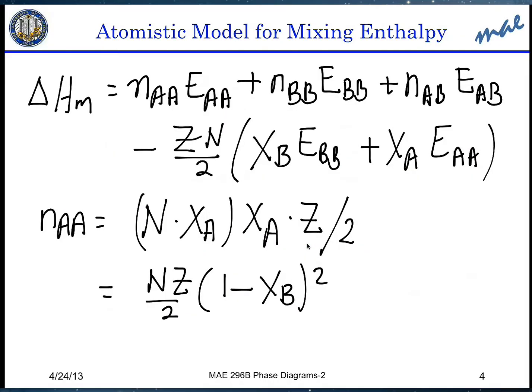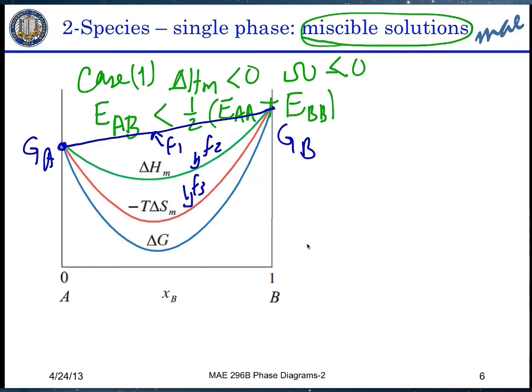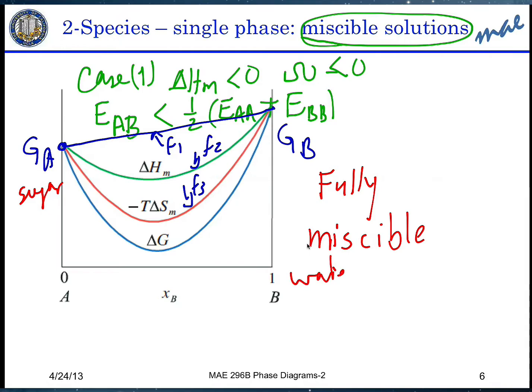So these are the three pieces that we talked about that give us the delta G, which means that this case is what we would term fully miscible. So it's a miscible system. For example, if you have sugar on this side and water on this side, and you mix them together, then the sugar is totally miscible.